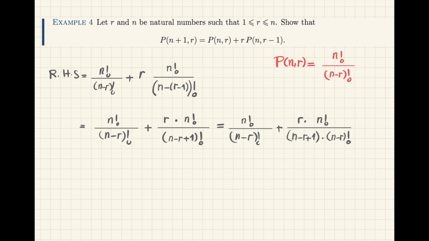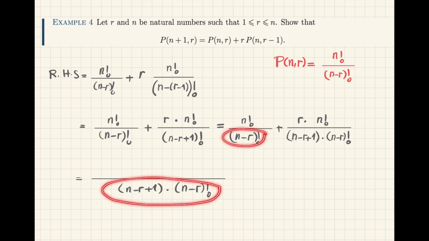Good. And now you see that the second denominator is actually the common denominator itself. So I can write this as the common denominator, (n minus r plus 1) times (n minus r) factorial. And then I would ask myself, if I divide this by this in my head, then I will get this factor, so I have to multiply that factor in the numerator.